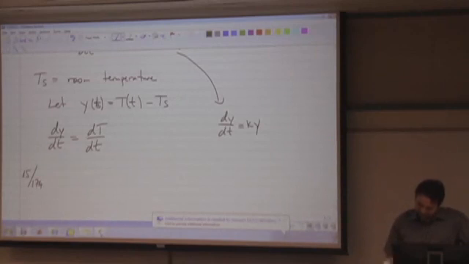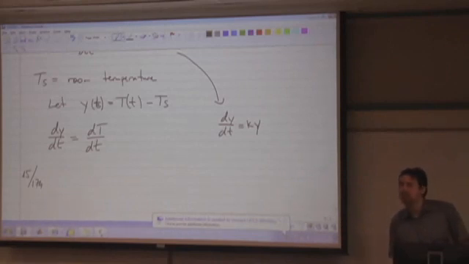So we're going to basically have to figure out how to solve the problem. So we need to find our actual model, right? So let's set up the differential equation. How is the differential equation going to look like? So what do we know? A cold drink is taken from the refrigerator.